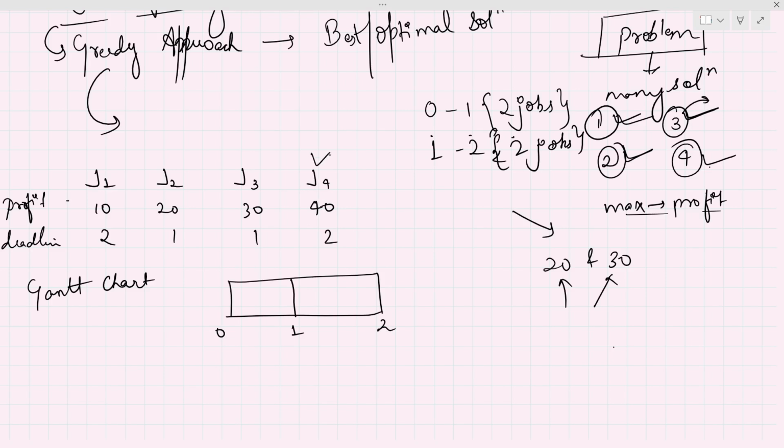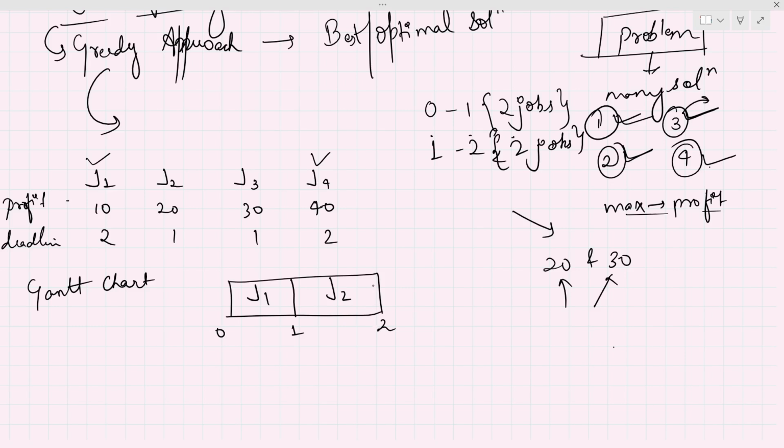Job number 4 we can solve, job number 2. If I have to write job number 1 and job number 2, then we can write it like this, but we are not going to add like this, because for job number 2, whatever the deadline is, we add the job that gives the maximum profit.